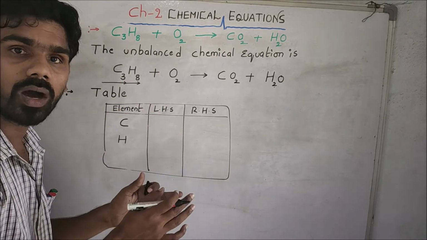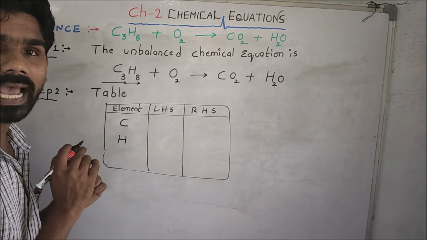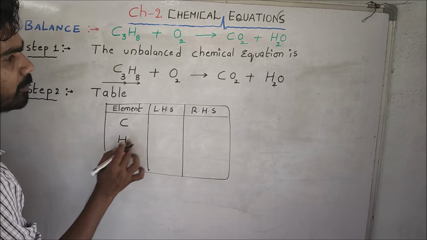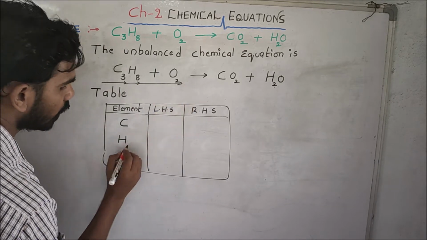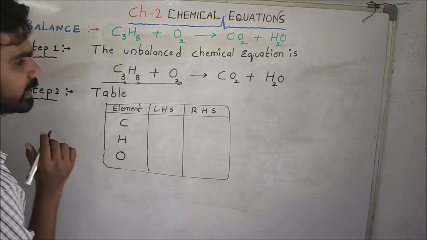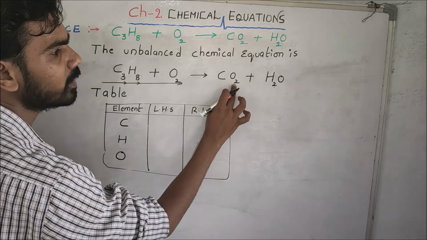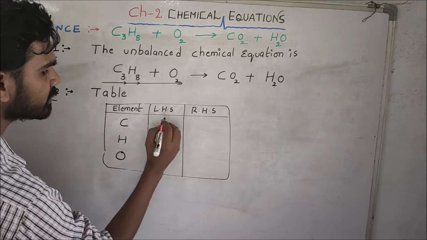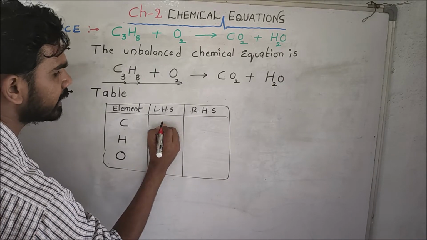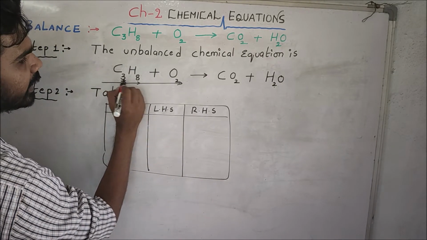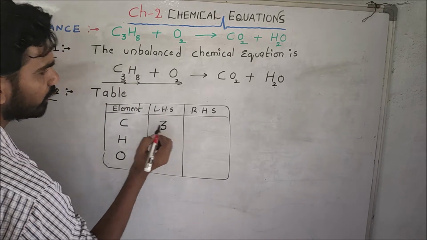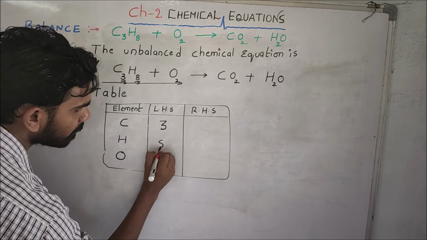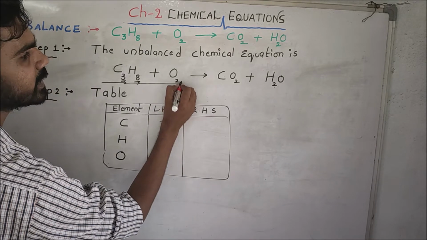We are talking about elements or atoms, not compounds. C3H8 is a compound or molecule, but it is not an element. So carbon element, hydrogen element, oxygen element. Only 3 atoms. Here also carbon, oxygen, hydrogen. Now how many atoms are there? Carbon on the left hand side is 3, and hydrogen is 8. How many oxygens?